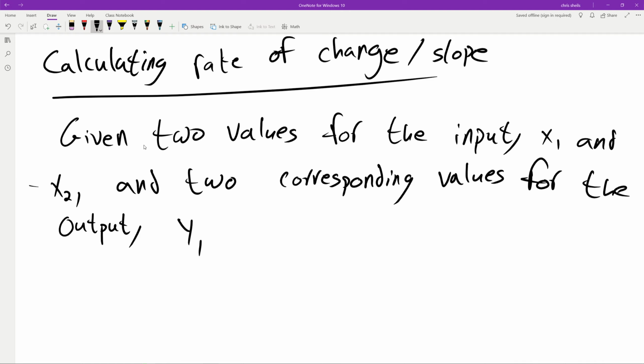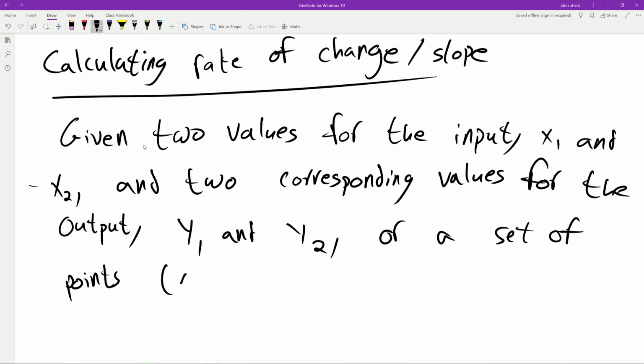Or a set of points that we can call (x1, y1) and (x2, y2).